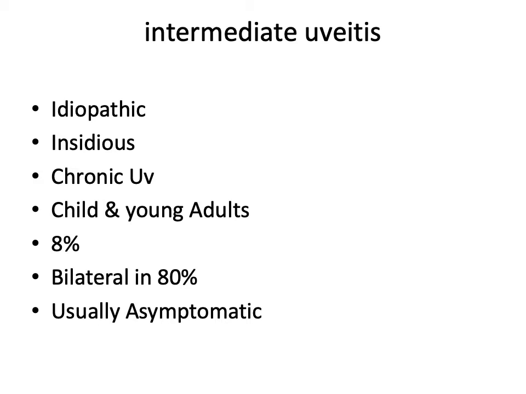The patient will not come to your clinic because he has no symptoms, so it is discovered accidentally. When the patient goes to the ophthalmologist for something like a glasses prescription, and the doctor examines him well and sees the periphery of the fundus and the vitreous, the doctor may find intermediate uveitis in the form of the following signs.